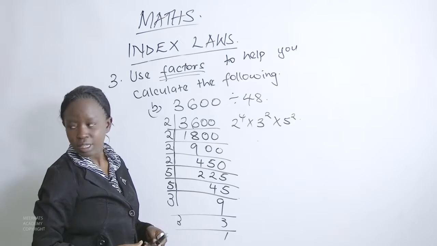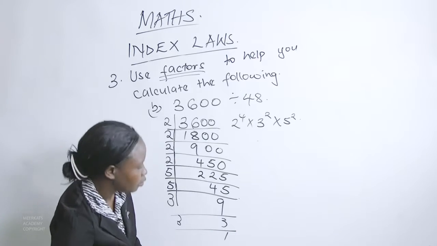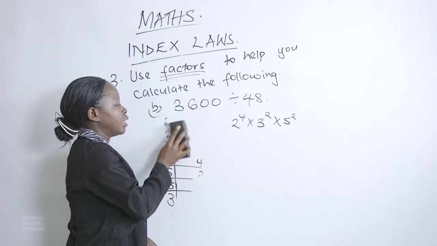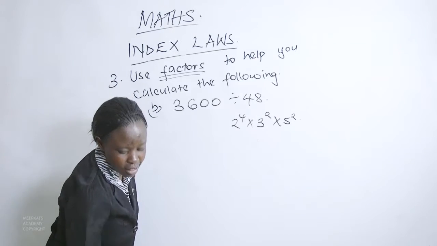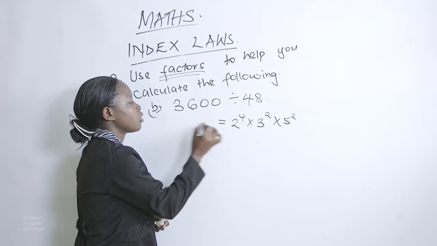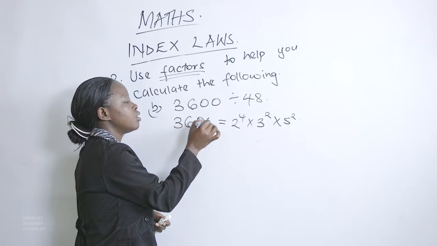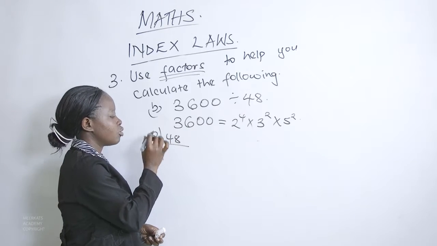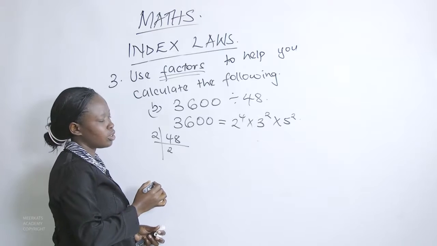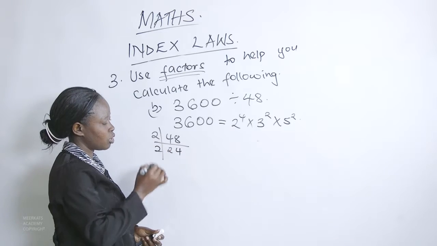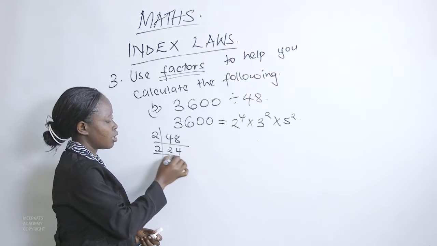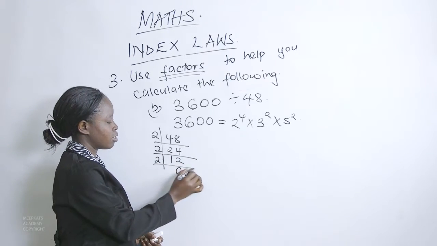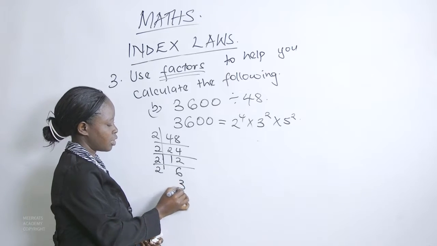Then 48. The factors of 48, these are the factors of 3,600. The factors of 48, 2 into 4, that is 2. 2 into 8, we have 4. 2 into 2, 1. 2 into 4, 2. 2 into 12, that is 6. 2 into 6, 3.